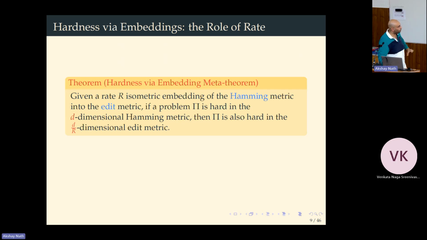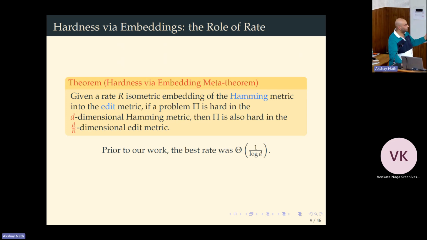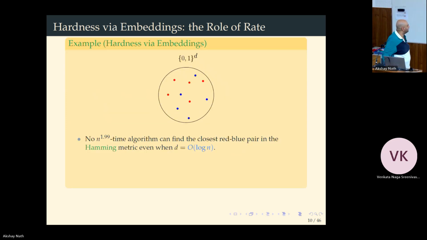So this is an approach, it's actually well studied, and the best before our work was that 1 over log d was the rate. I'm going to give you an intuitive explanation later why this 1 over log d comes up. And as you can guess from the title, we can get a constant. So what does this in particular mean?